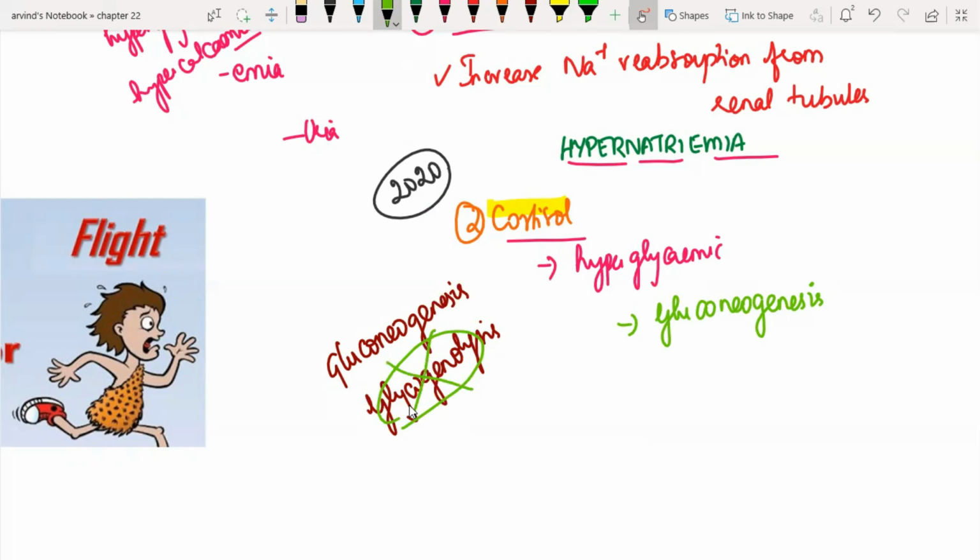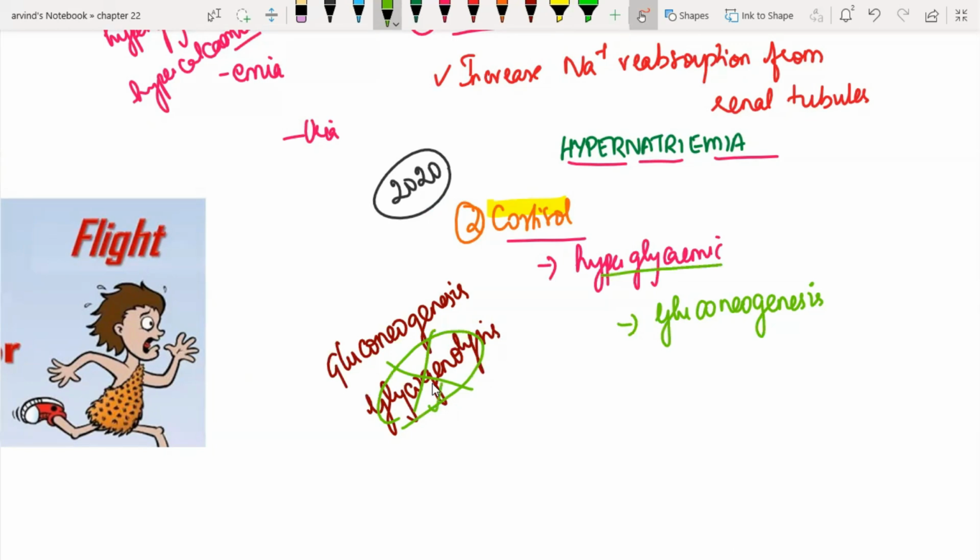Please take this point. Even though we say hyperglycemic state, I do not want you to get confused, but make it very clear. It is not concerned with glycogenolysis, but it is predominantly concerned with glycogenesis. It might confuse you. When I say hyperglycemic, the majority of its action is going to be hyperglycemic. The only exception is that it is not going to take over glycogenolysis; in turn it is going to stimulate glycogenesis.